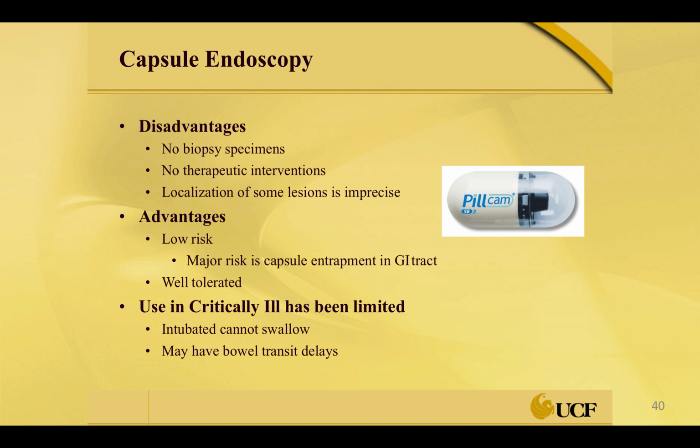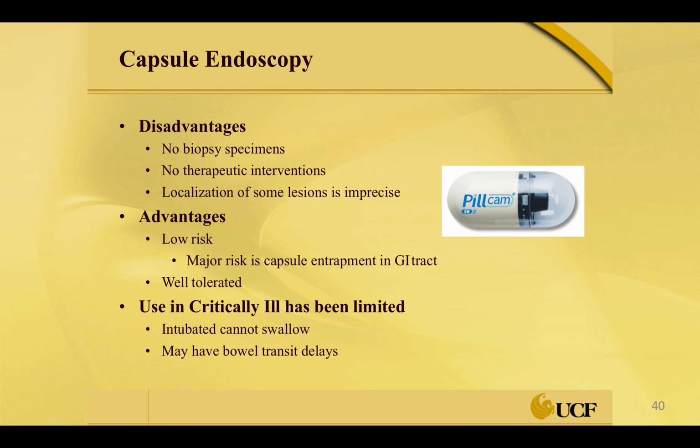The disadvantages are that we can't get biopsy specimens, there are no therapeutic interventions, and the localization of some lesions is imprecise because of the nature of the small intestine. Very loopy, very loose, with very high peristalsis. Again, the advantages are low risk.